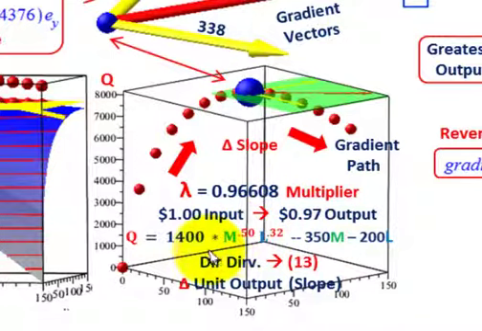And that ties in with our directional derivative of minus $13 for unit output. So unit in, we're actually going down at $13 based on our directional derivative, or the change in the unit output, or the slope.